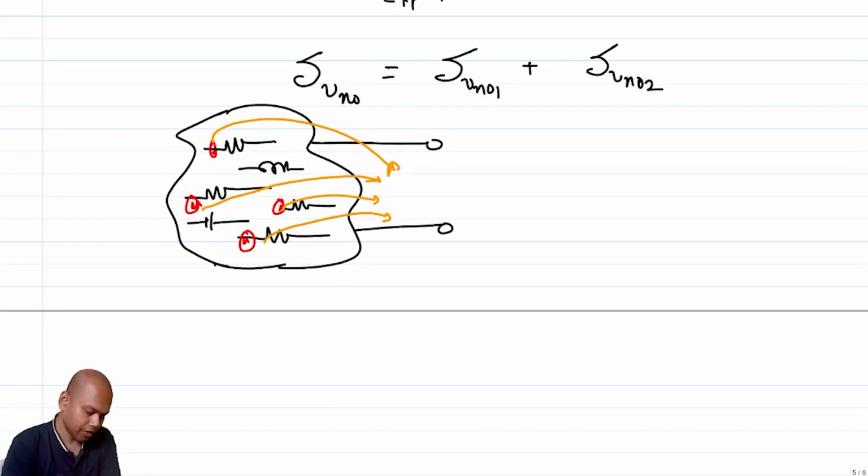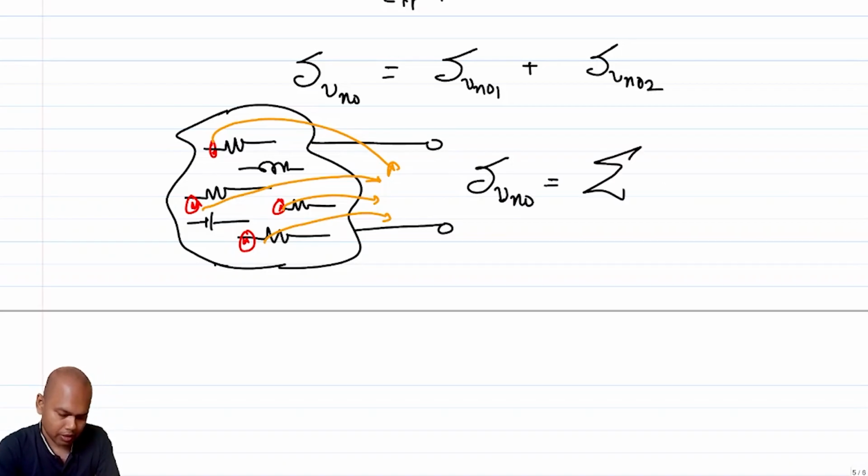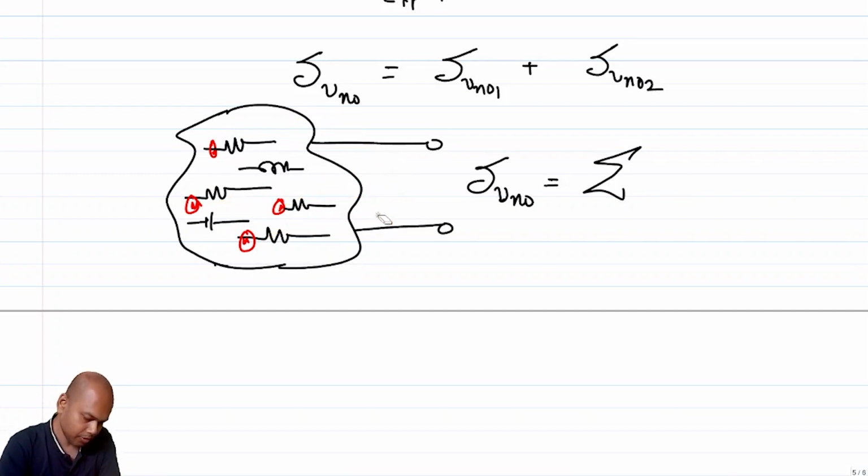So essentially what am I doing? Let's say this is the power spectral density of VNO, which is the summation of the contributions from each resistor. Let's say this is the first resistor, this is the kth resistor, RK, and it has a noise source associated with it.